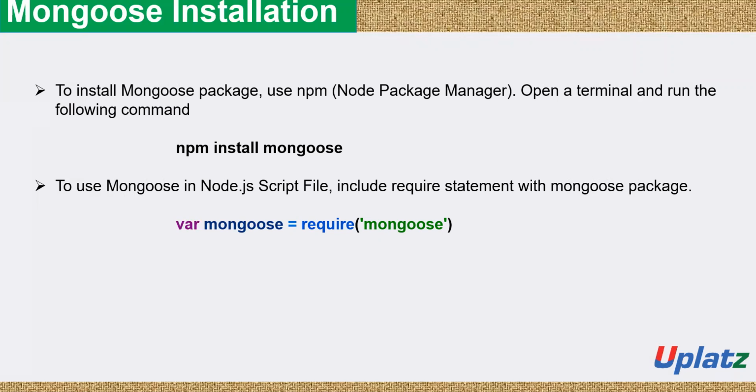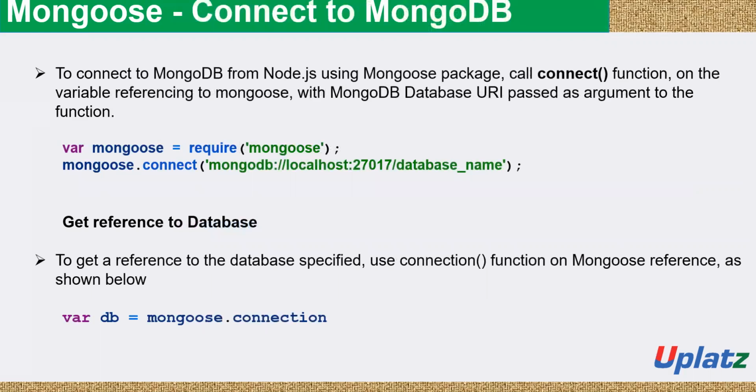And we know the purpose of require function. Once that particular module is installed, we can start working with that module in our Node.js script file by using require function. Okay, let me complete these steps: installing Mongoose package and importing that package in our Node.js file. Later we will see how to connect to MongoDB using Mongoose package or library.